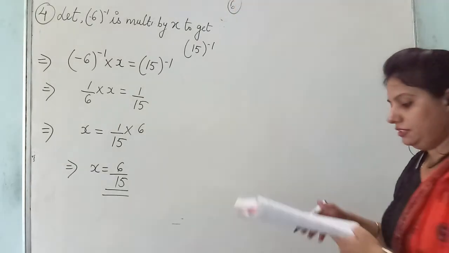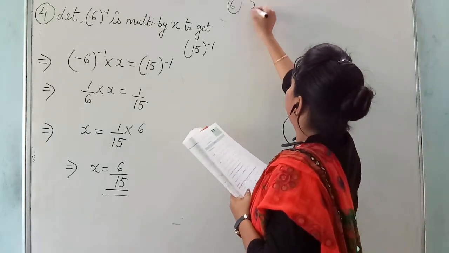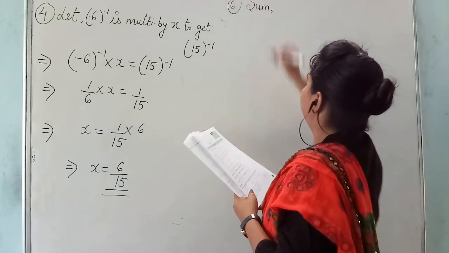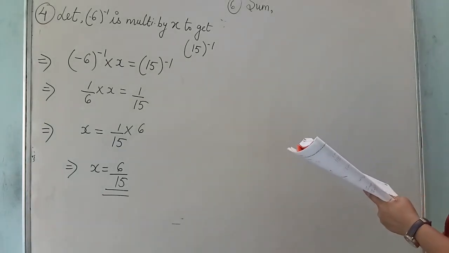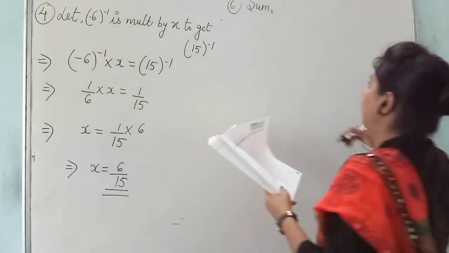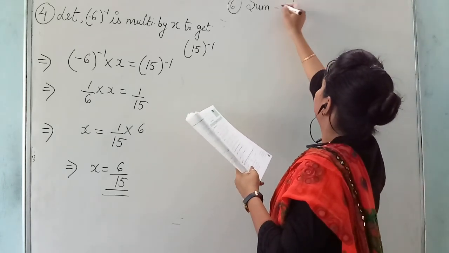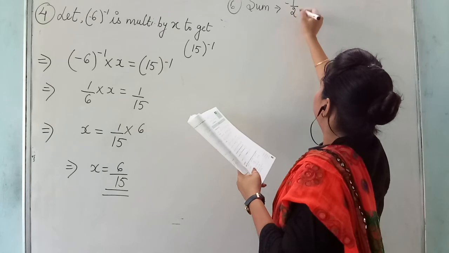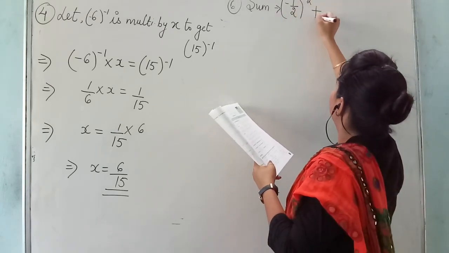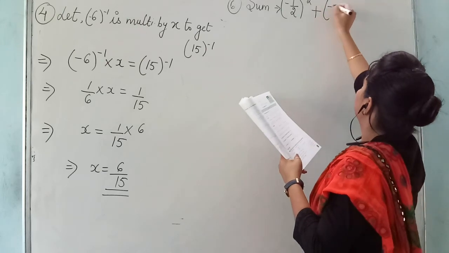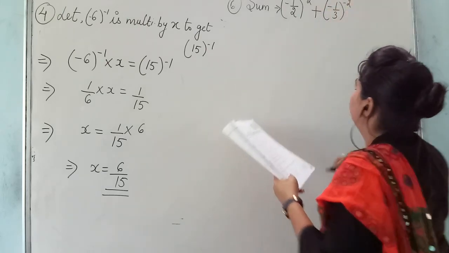Divide the sum of, first we will take the sum. They are saying divide the sum of 1 by 2 and minus 1 by 3 by the difference of this and this. So first we will take the sum. Minus 1 by 2 raised to the power minus 2 plus minus 1 by 3 raised to the power minus 2.